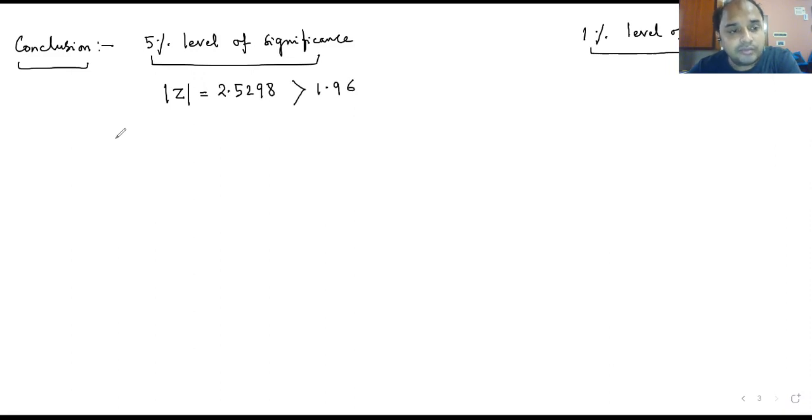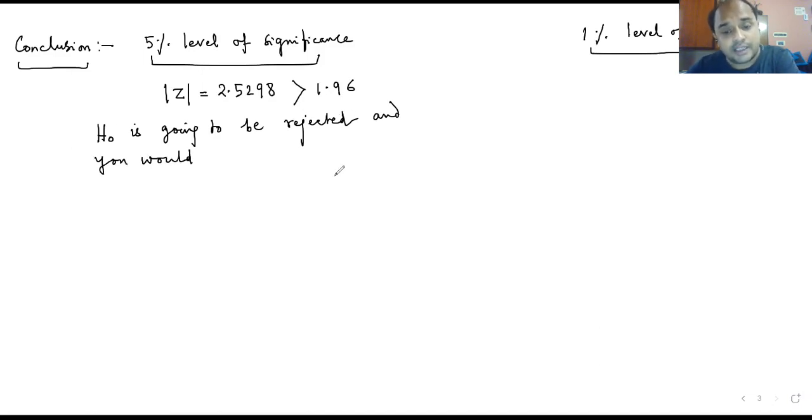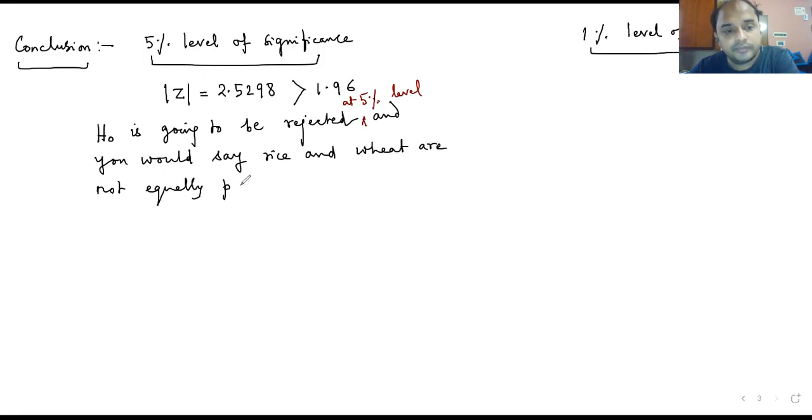So according to the rule, your H0 is going to be rejected at 5% level, and you would say rice and wheat are not equally popular. Rice and wheat are not equally popular.